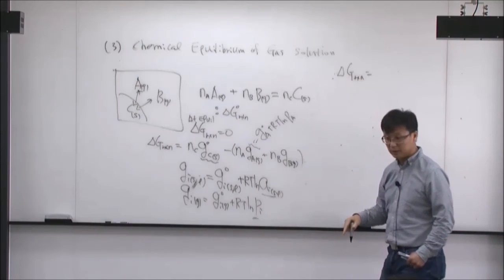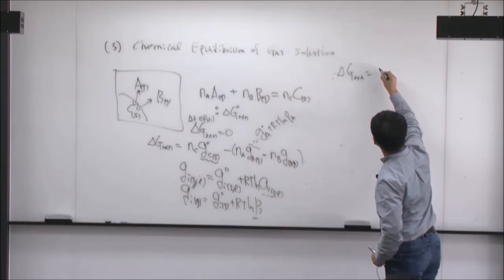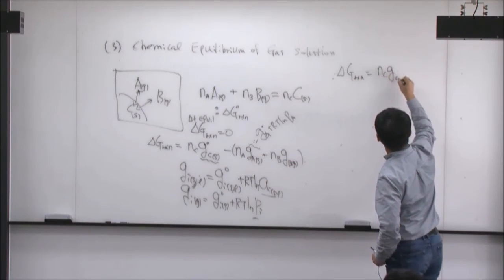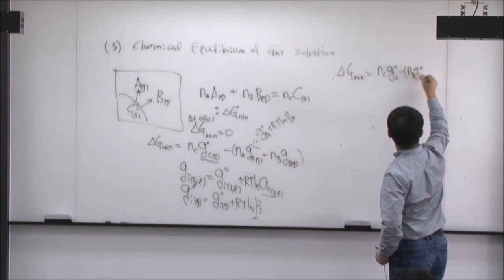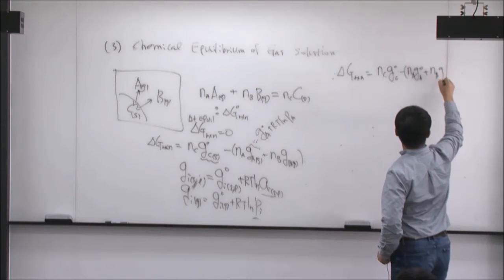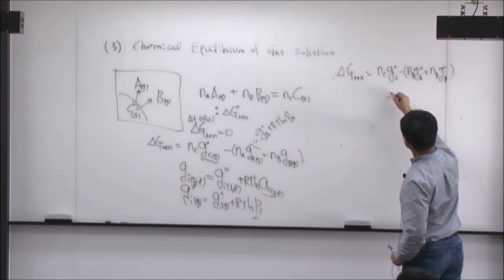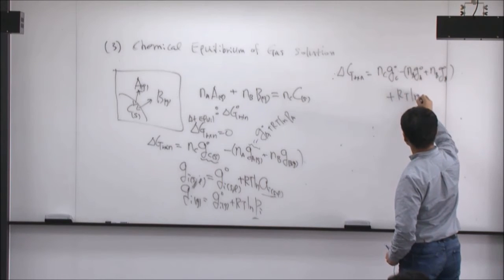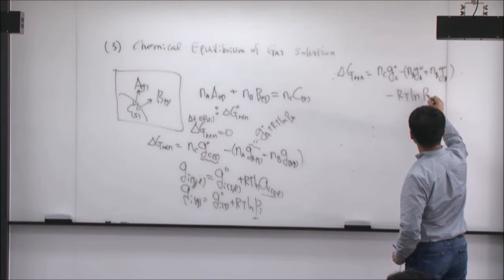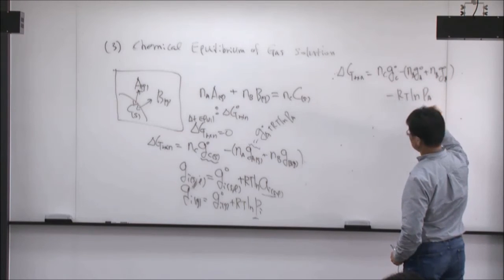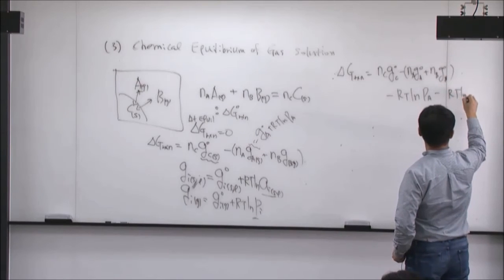And same thing, GB naught plus RT ln PB. So I'm taking only the pure value. So this will be NC GC naught minus NA GA naught plus NB GB naught, plus RT, minus RT ln PA minus RT ln PB.